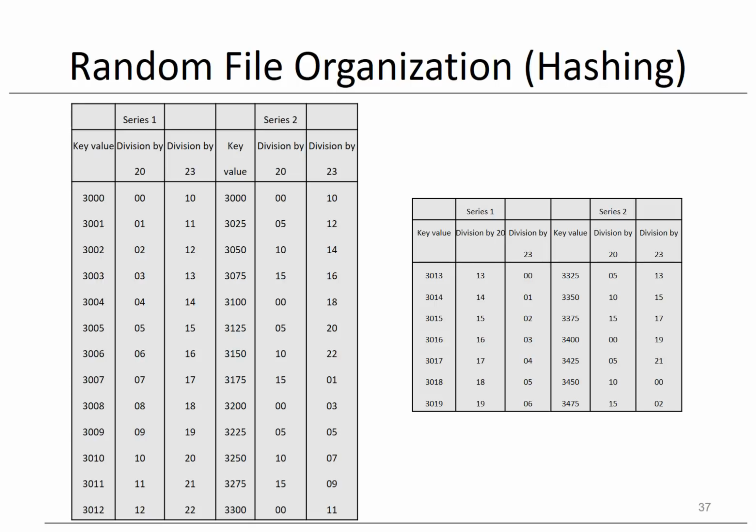However, in the second series, division by 20 yields a much worse distribution, with many records attributed to bucket addresses 0, 5, 10, and 15, whereas other buckets remain empty. Yet, division by the prime number 23 again results in a nearly uniform distribution. For a particular key set, one prime number may still perform better than another. So ideally, multiple candidates are tested.